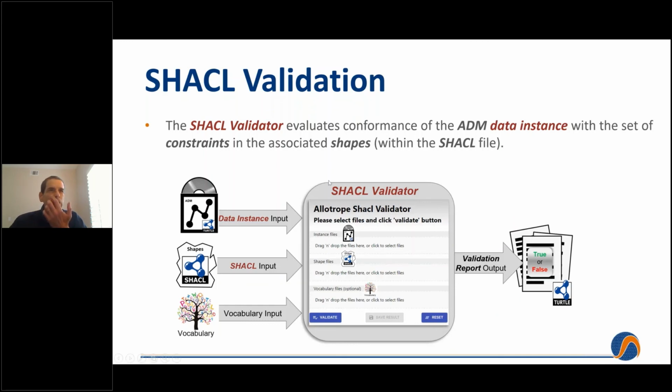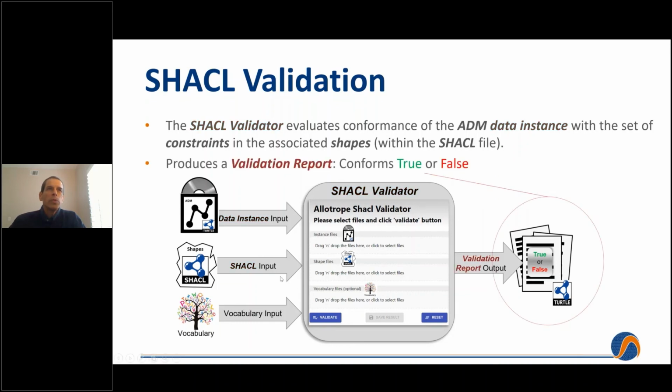So we have the SHACL validator, and we have 3 inputs: the data instance to be validated, the SHACL shape file, and the vocabulary input, which is optional. And it produces in its output a validation report, which confirms true or false, pass or not pass. So we will output a validation report with conformance of true or false.